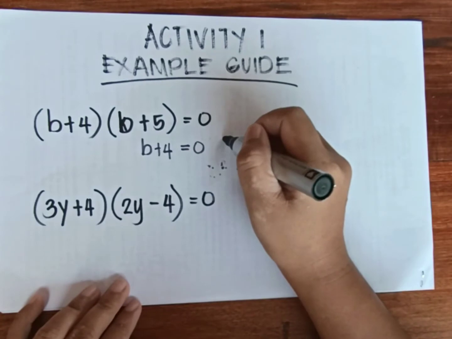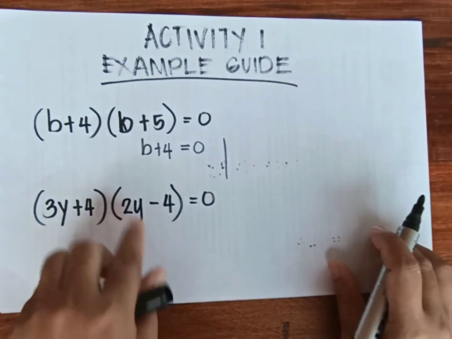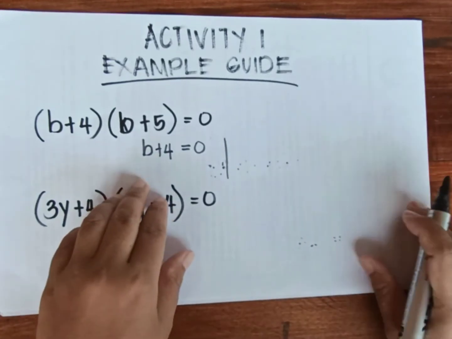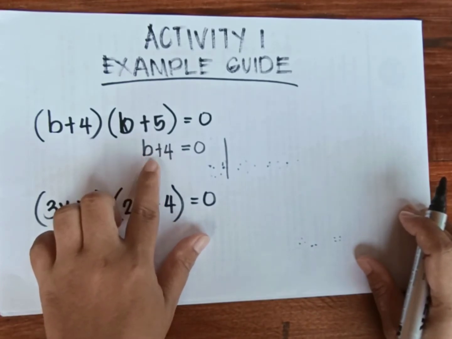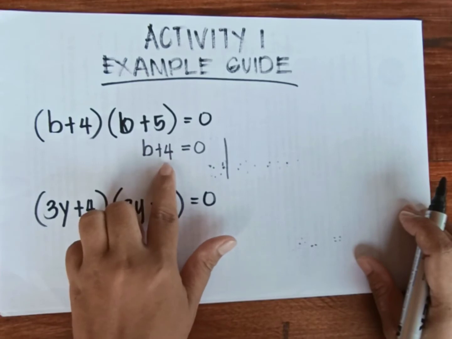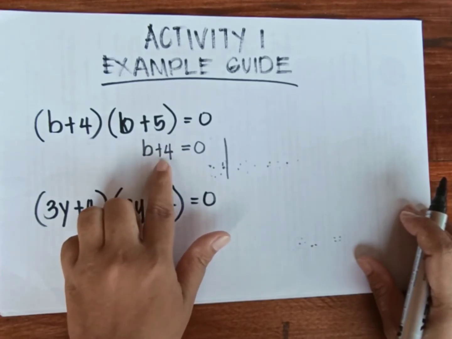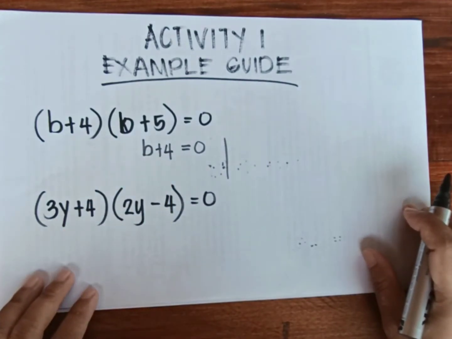And then, go to step 4, which is solve for x. So, just simply solve for x or solve for the variable given. So, here, the variable given is b. So, only b should be left on your left side. So, everything beside it should be removed. So, how do we remove the plus 4? Like in our discussions last time, you're going to use the property of equality.